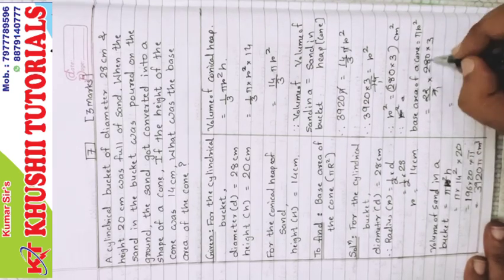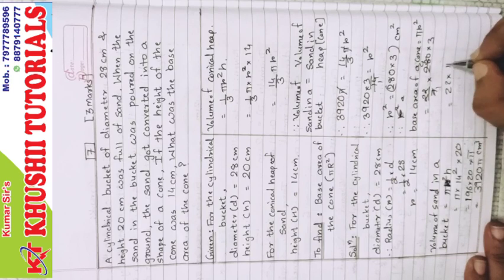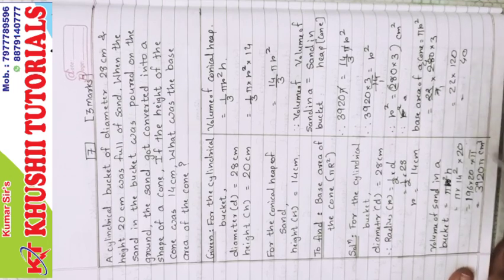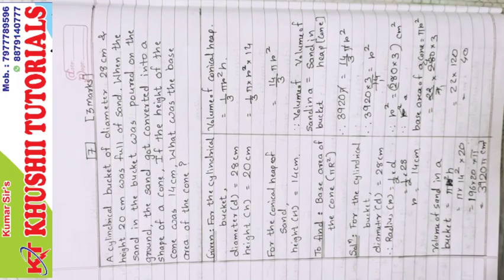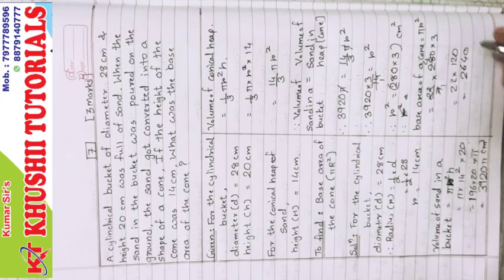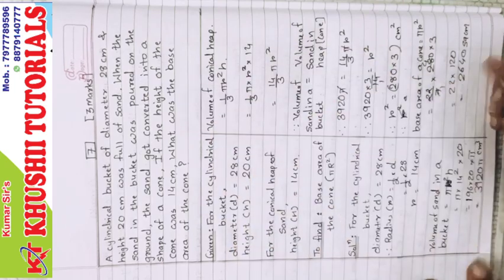So 7 ones are 7, 4 7s are 28, 4 3s are 12. So 22 into 120. Now 22 0s are 0, 22 2s are 44, 22 ones are 22, 22 and 4 are 26, 2640 square centimeter. So what was the base area of a cone?